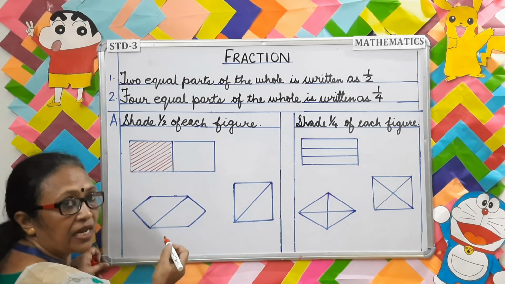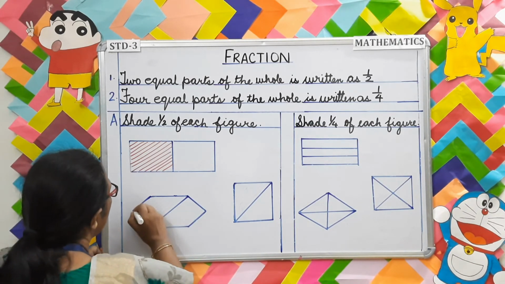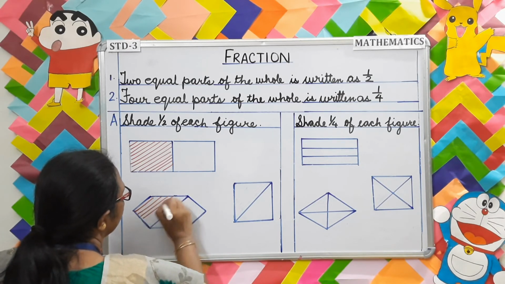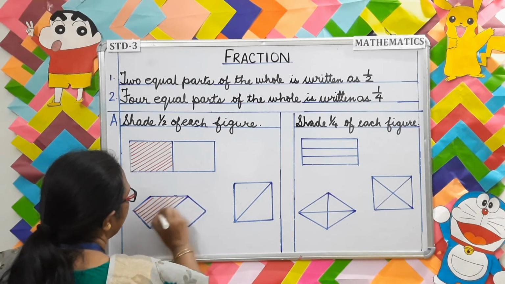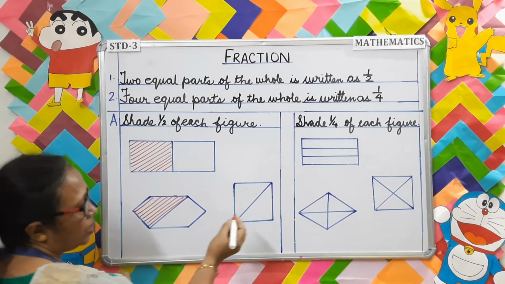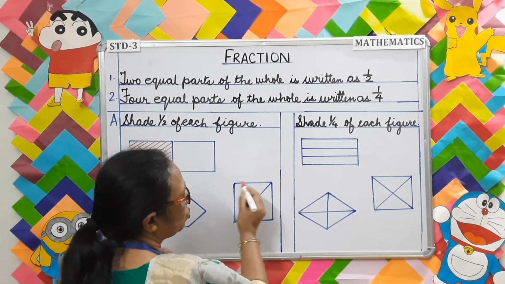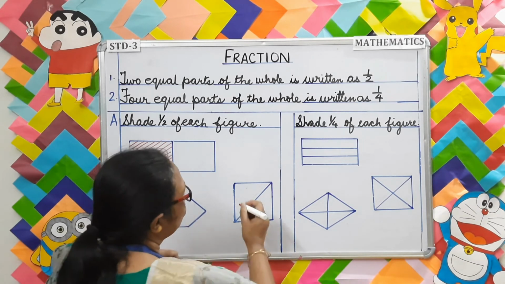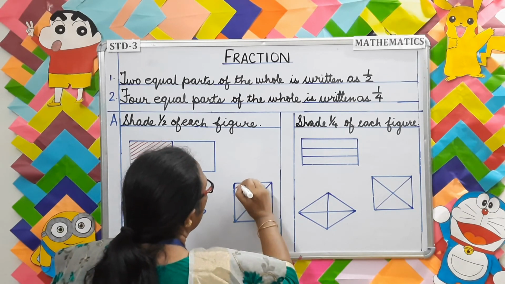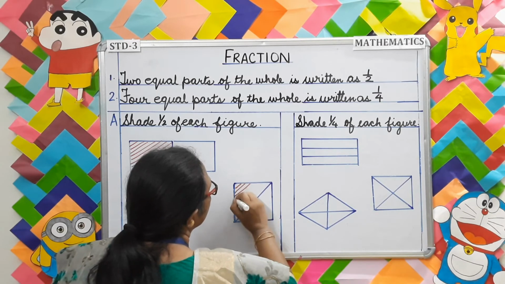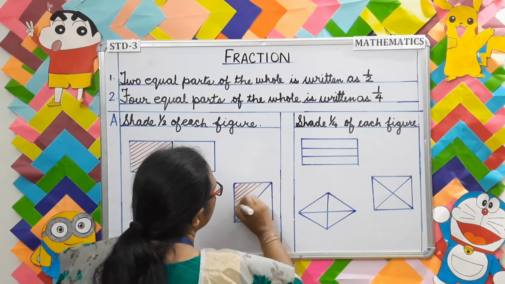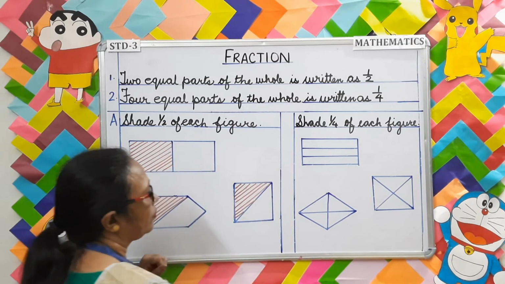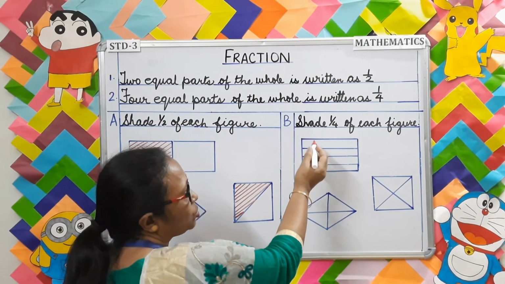We have to shade half. So, we will shade one part. Look at this square. The square has been divided into two equal parts. So let's shade half of this.